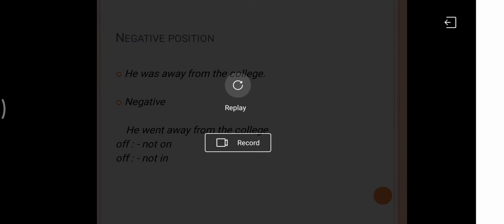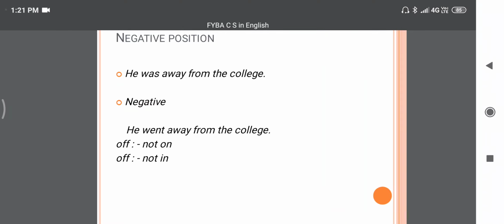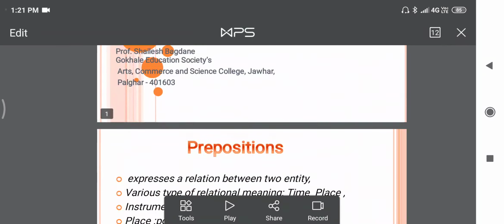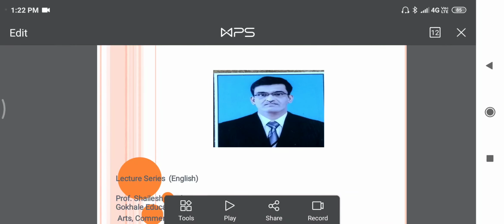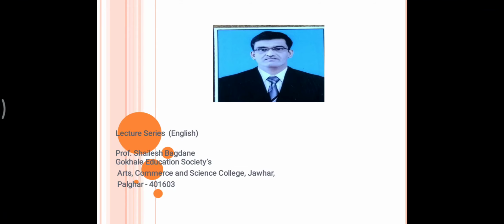So we do have this type of things that we see in these so called uses. Okay, as we have seen these so called prepositions, and these prepositions will help you to clear the basic concepts of the prepositions.